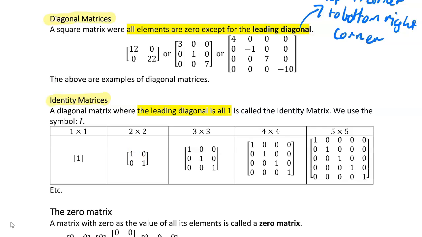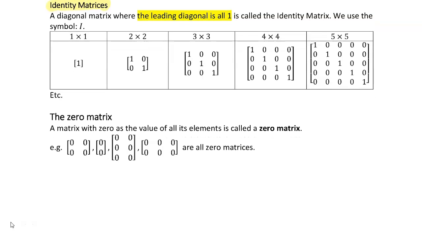You can see I've got here up to a 5 by 5 square matrix, but obviously our square matrices go up all the time. You can have 6 by 6, 7 by 7, 8 by 8, etc. And you can see that those leading diagonal elements are all 1 and everything else is 0.